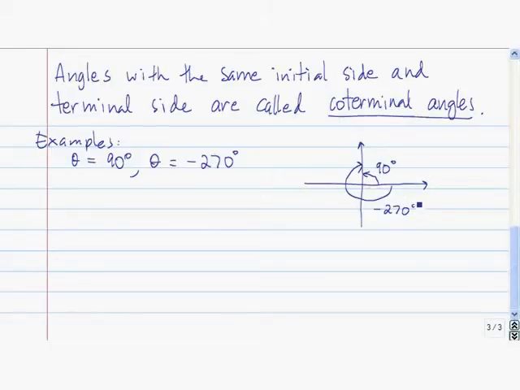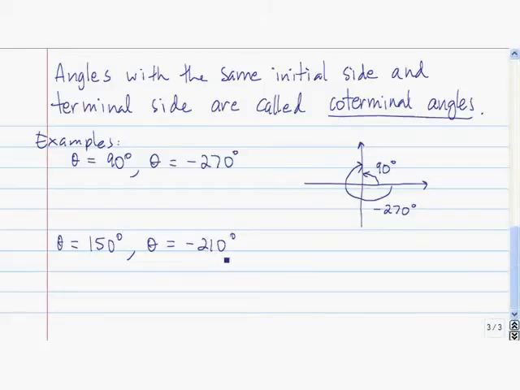The negative 270-degree angle starts here, and then we rotate clockwise to get to here. That's its terminal side, and it meets up with the terminal side of the 90-degree angle.